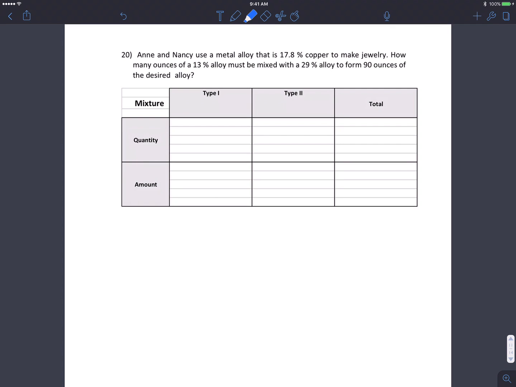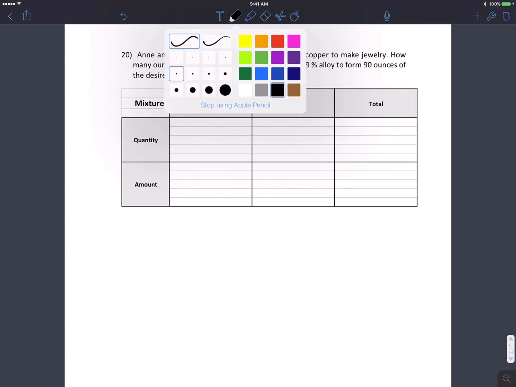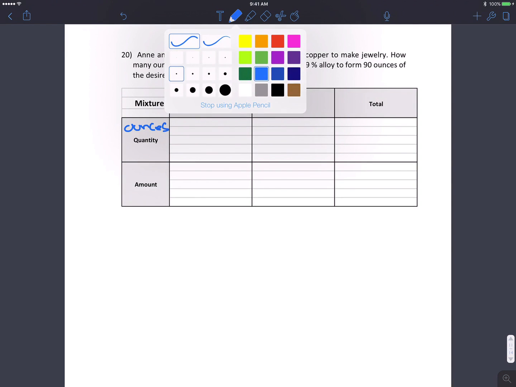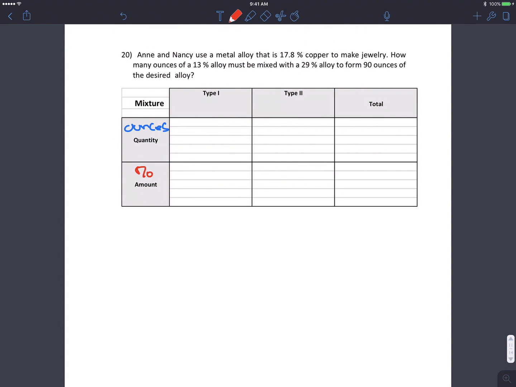All right, let's go back. Notice what your quantity is. The quantity here is in ounces. The amount here, again, is in percent. So Ann and Nancy use a metal alloy that is 17.8%.